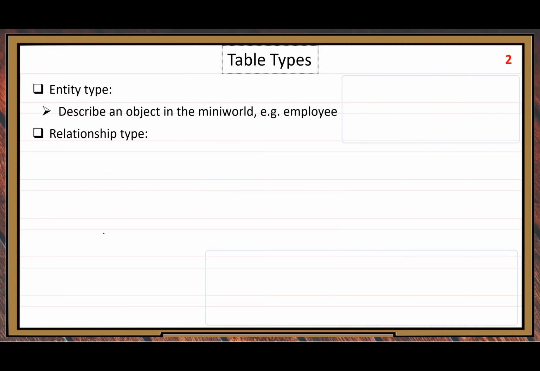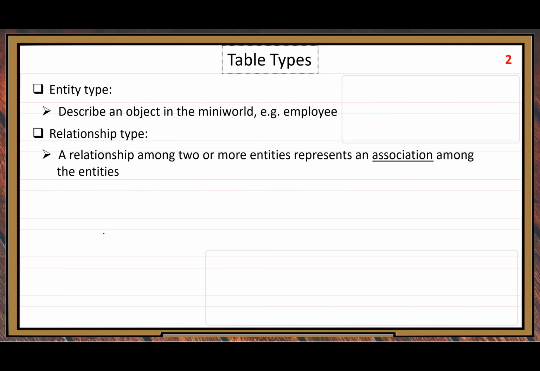The second, relationship type. That's another important, completely different type of table. Relationship type. So what's that? Why do we need relationship type? A relationship among two or more entities represents an association among the entities.